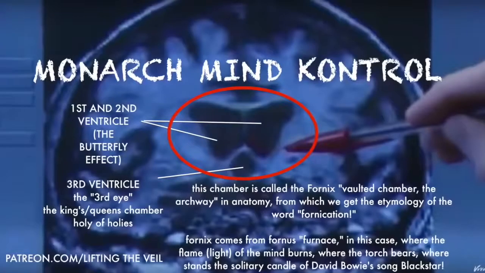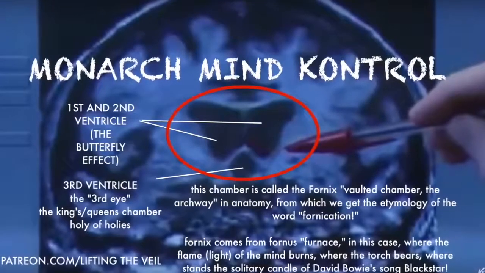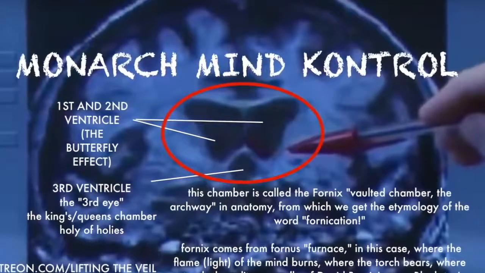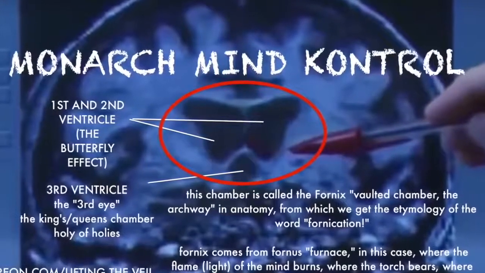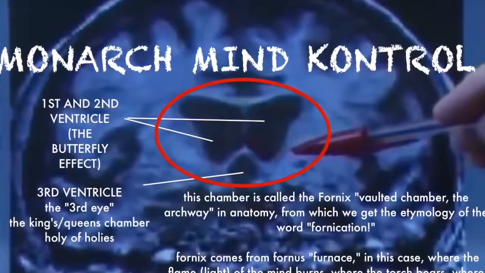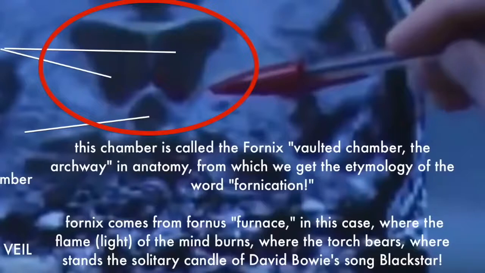And that is what the first and second ventricle are. They make up the two wings of the monarch butterfly. And what would be the abdomen of the butterfly down below is what's called the third ventricle, which is also called the fornix, which means in etymology, the fornix means a vaulted chamber.